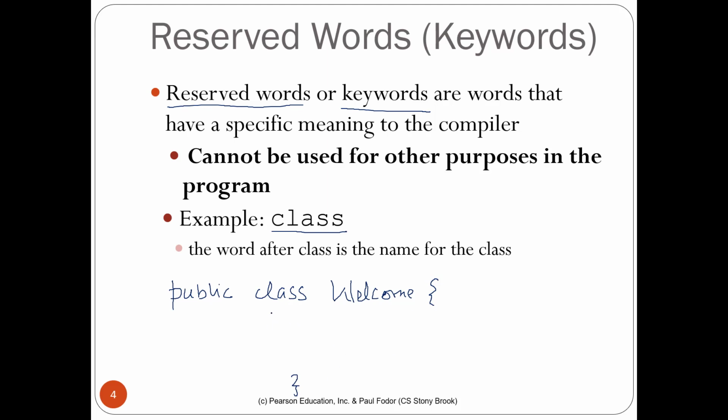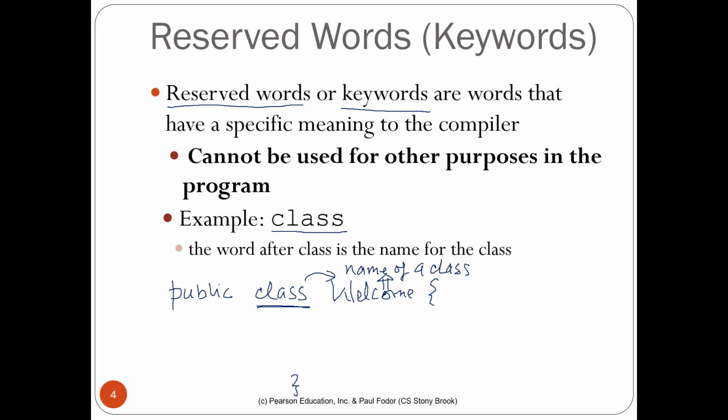Whenever you write class, Java interprets it in such a way that whatever you write after this keyword class has to be the name of a class that you're creating. So you're declaring to Java, class welcome. That means welcome is the name of the class. So after this keyword class comes the name of the class.